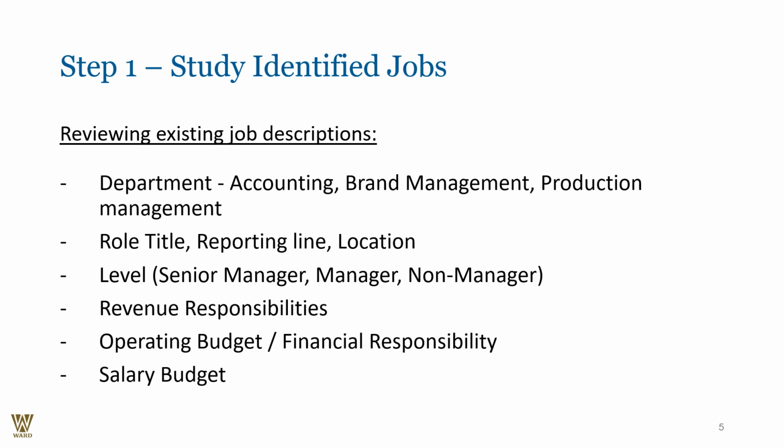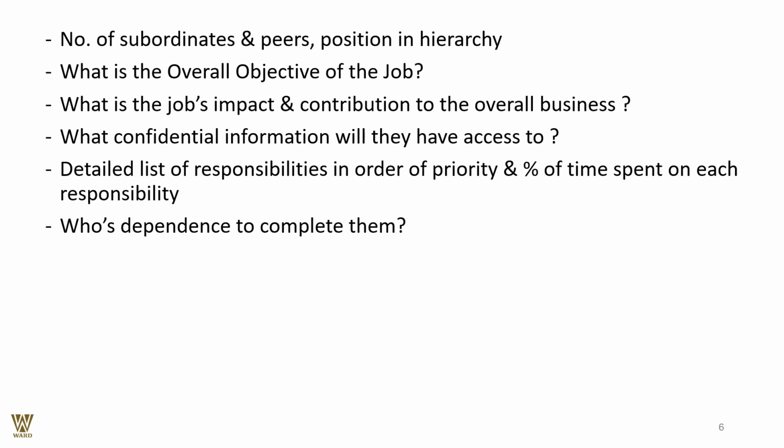Who is working at what level of capacity? Who is working at the lower level, middle level, upper level, and depending upon the reporting line and location, you will need to understand their responsibilities towards the job, towards managing the revenue, operating on the budget, and the salary scale. Once you have decided upon it, you will try to figure out the number of subordinates, peers, and position in the hierarchy.